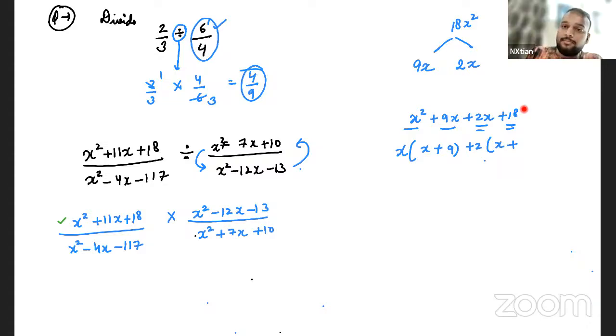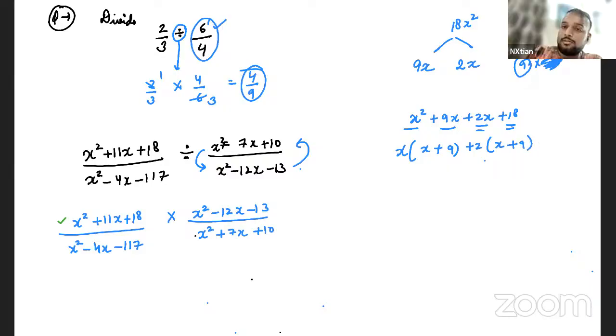What will remain behind? 18 has factor of 9 into 2. Now 2 is out. What will remain behind? 9.